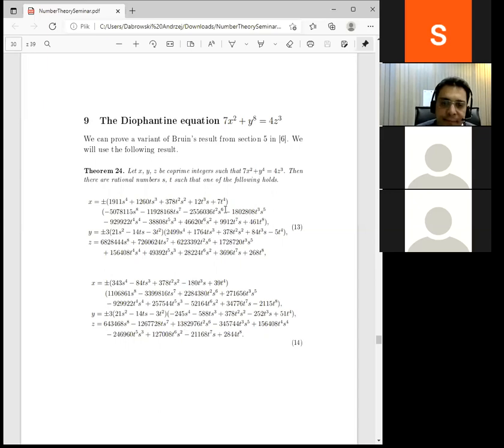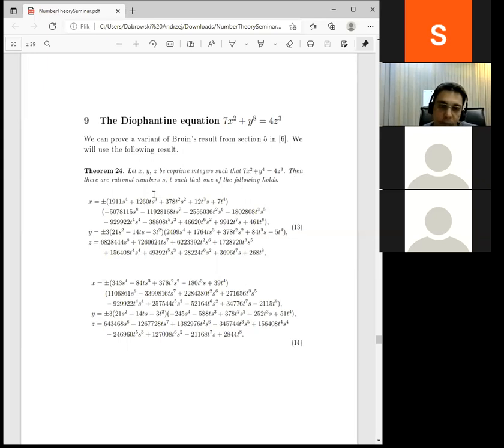So here, more exactly, this theorem parameterizes all triples of coprime integer solutions satisfying such an equation.